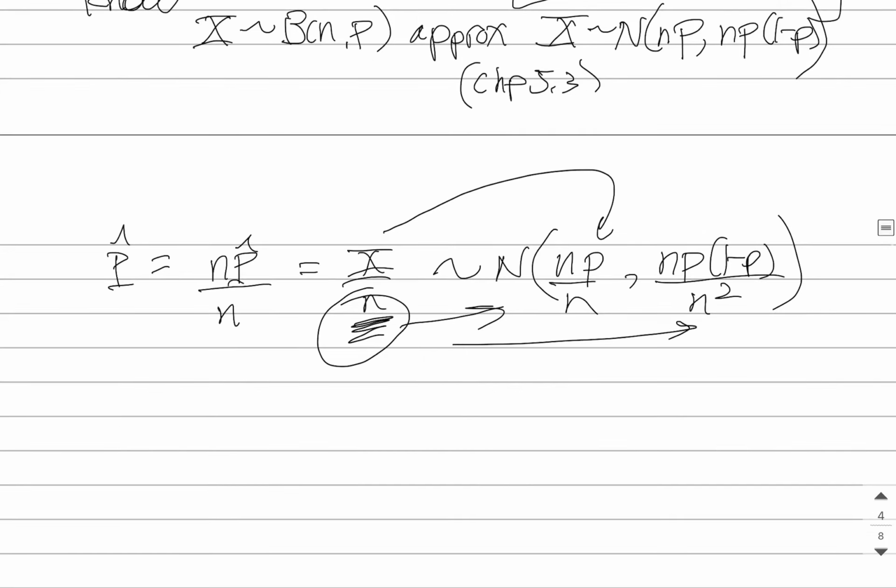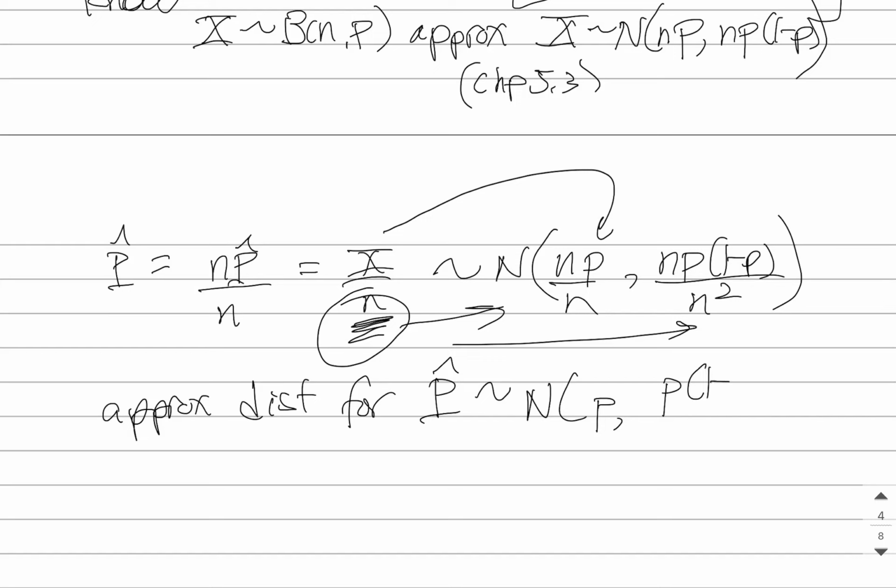So no surprise, the approximate distribution for p hat is going to be a normal distribution centered at p, and it has this standard error, p 1 minus p over n. And this is the one that is going to be used exclusively.